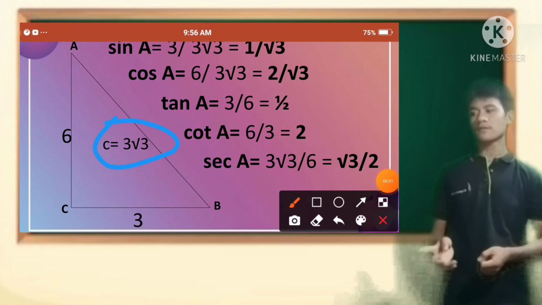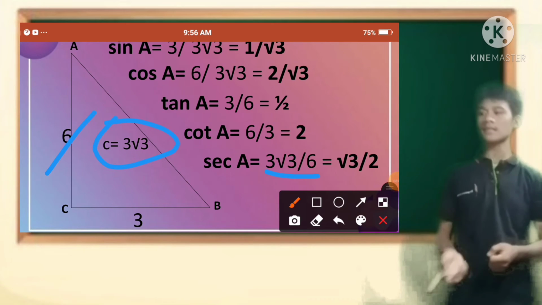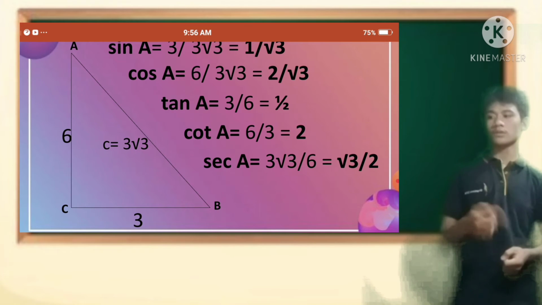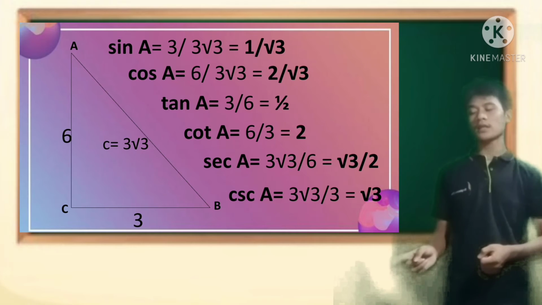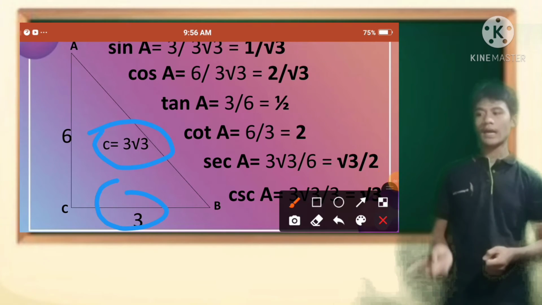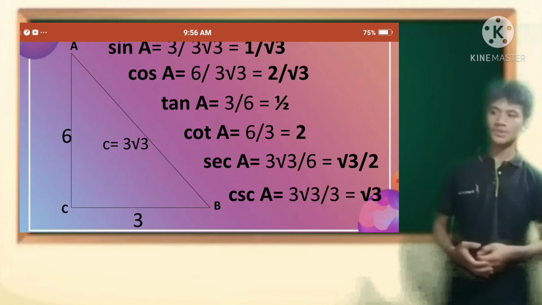We have 3 square root of 3 over adjacent, which is 6, and that would be equal to square root of 3 over 2. And the cosecant is hypotenuse again, 3 square root of 3 over opposite side, which is 3, and that would be equal to square root of 3.